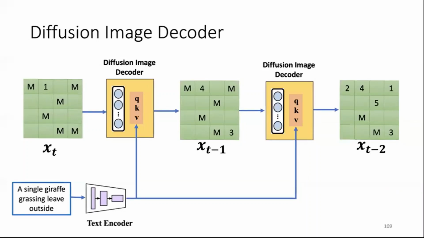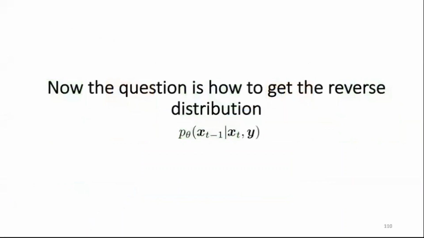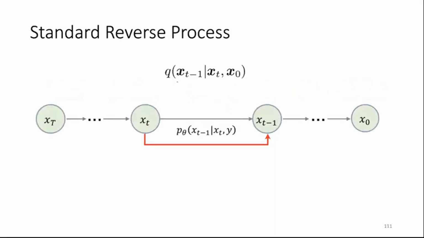So now we have seen the overall model and the decoder. Now the question is how to get the reverse distribution, and how the authors are training this particular model. Let's first see the standard reverse process. The models that we have discussed so far in the class predict the posterior. As you can see from the red arrow, when we are at time t, we predict the noise at time t-1.